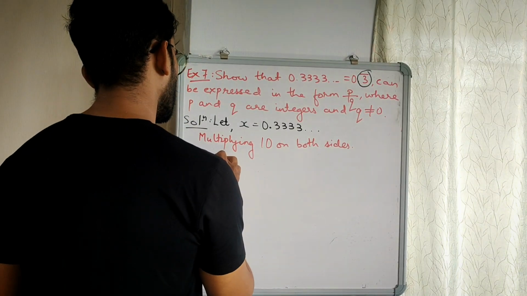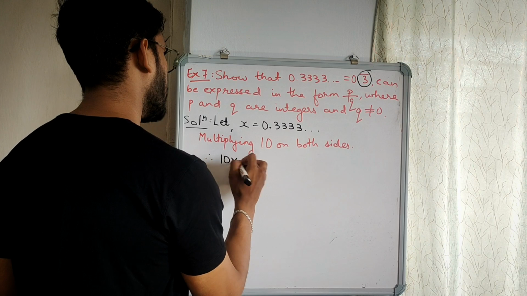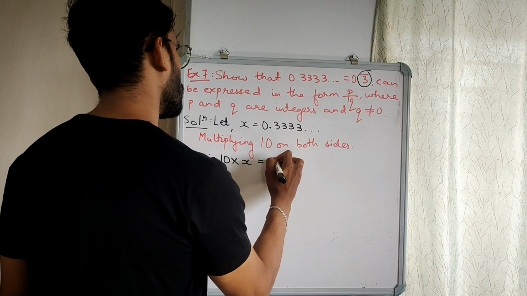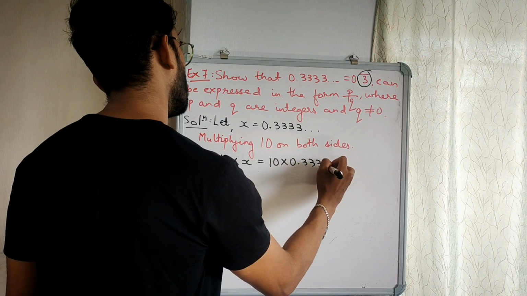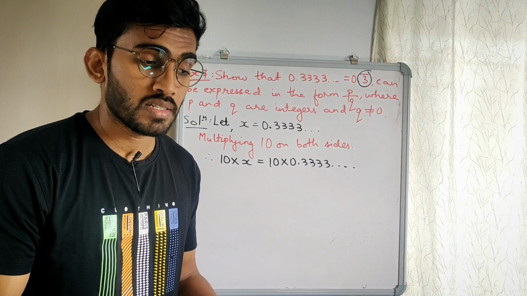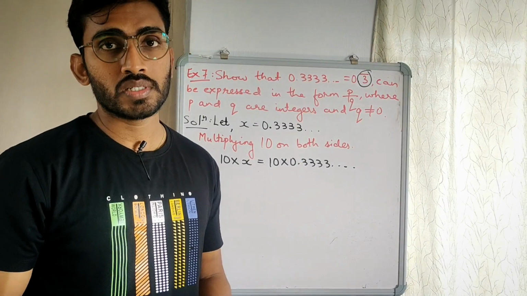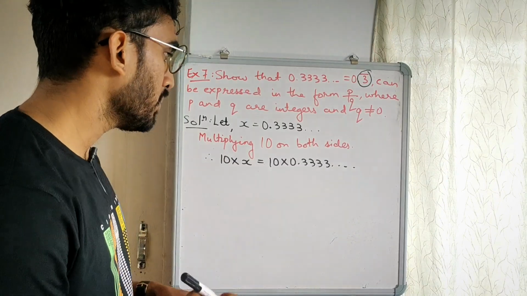As a result, you will write 10 multiplied by x is equal to 10 multiplied by 0.3333. Students, I am trying my best that each and every student understands the video and the sum here.